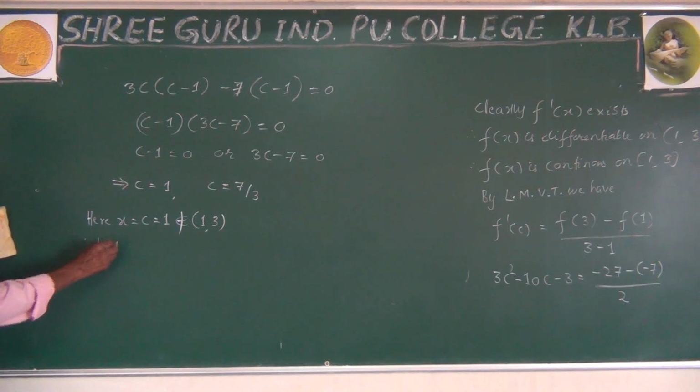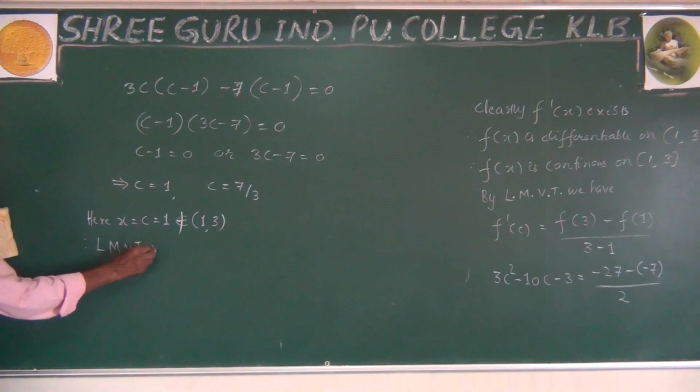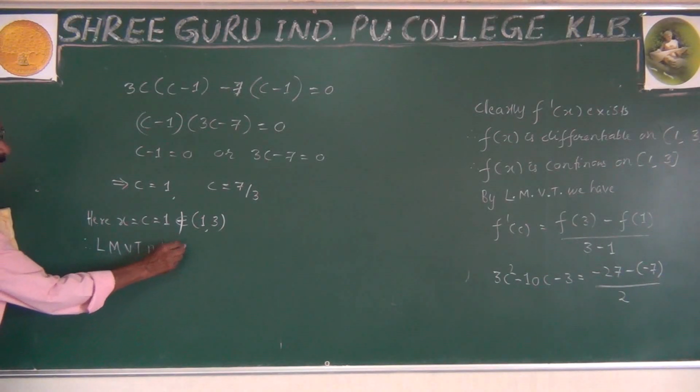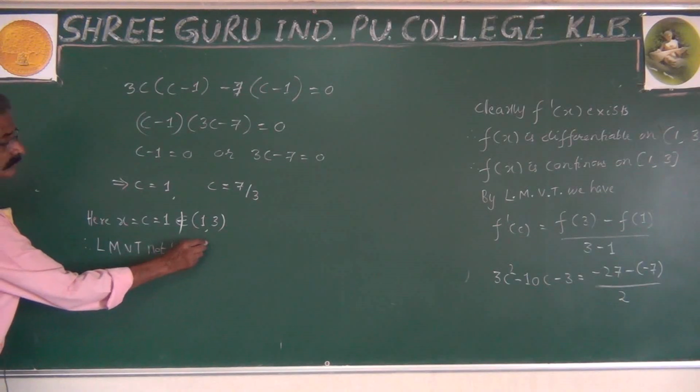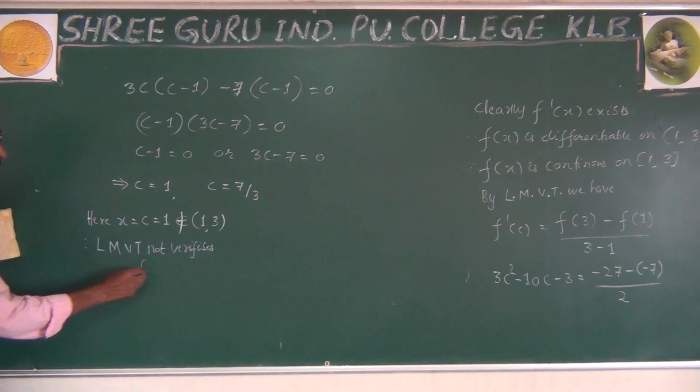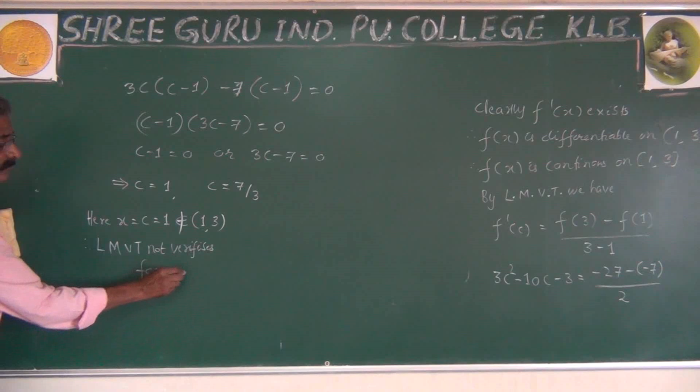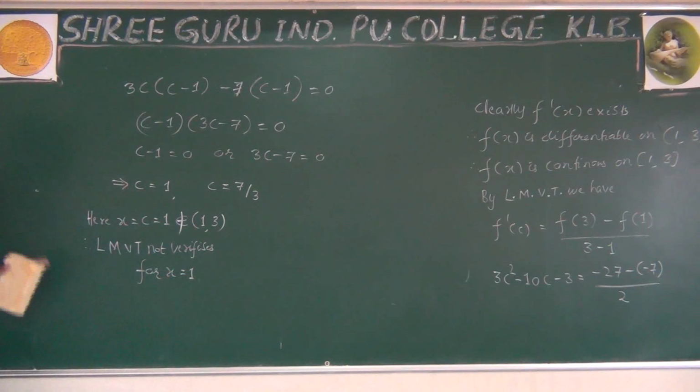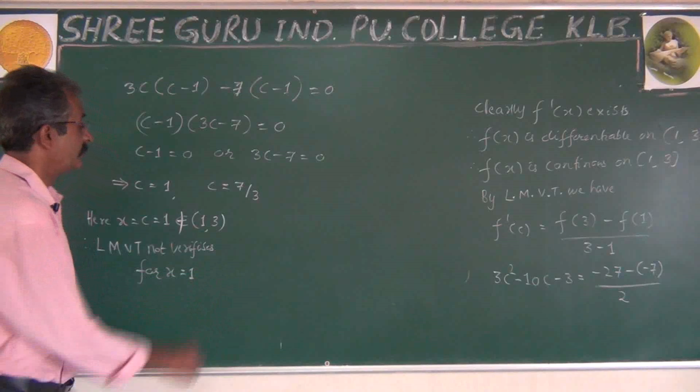Therefore, LMVT does not verify for x equal to 1. Means at point x equal to 1 there is a tangent but not parallel to the chord joining the points 1 and 3. That's the meaning.